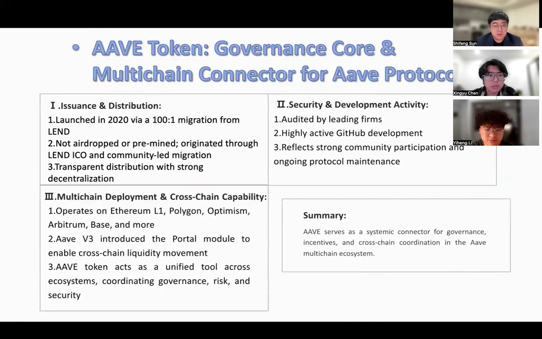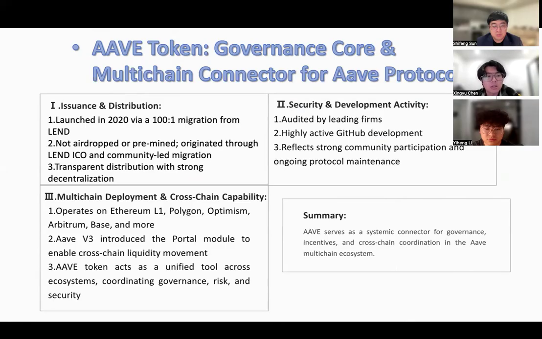About Aave's token: Aave's native token is called AAVE, and it was introduced in 2020 when the protocol migrated from its earlier token at a 100-to-1 ratio. Unlike some projects that relied on airdrops or heavy pre-mining, Aave's supply came through a public sale and a community-led migration. This made the distribution much more transparent and decentralized compared to many heavily pre-mined tokens.